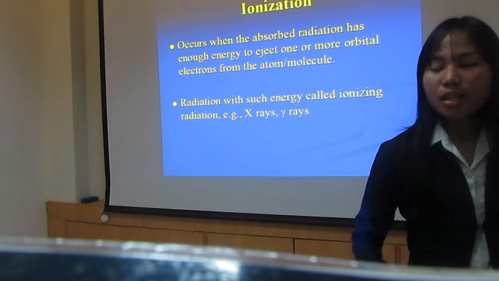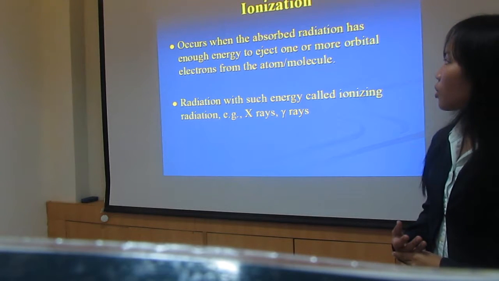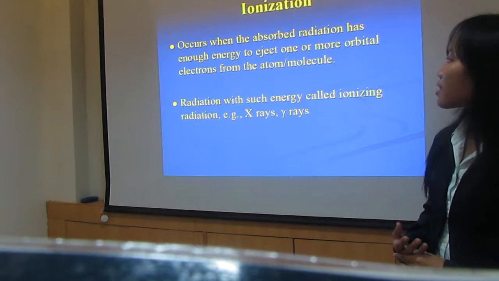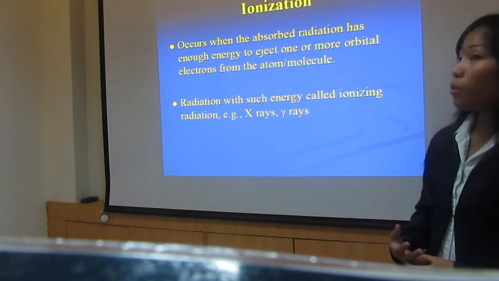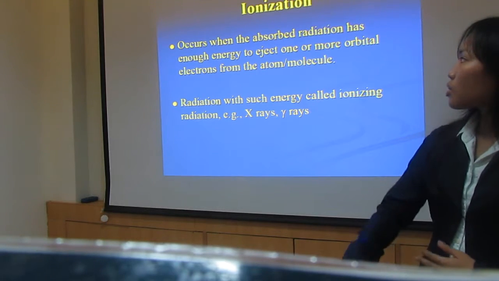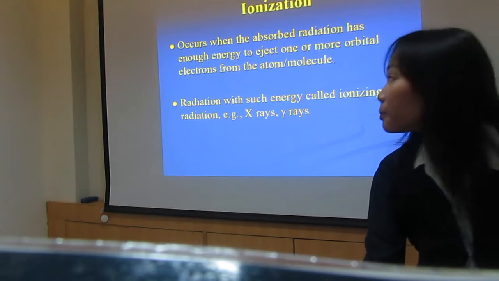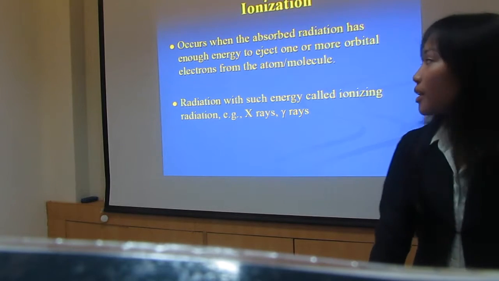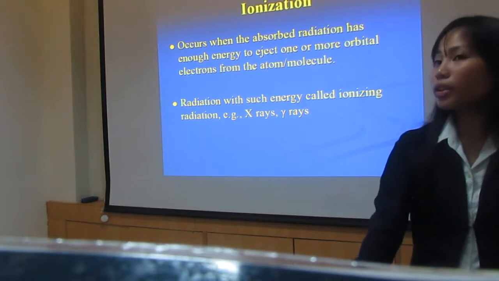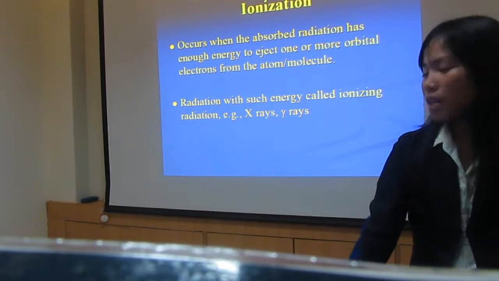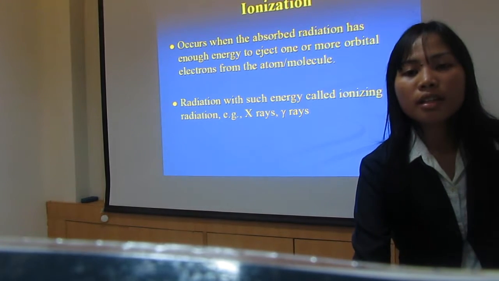Next is ionization. Ionization occurs when the absorbed radiation has enough energy to eject one or more orbital electrons from the atom or molecule. Examples of radiation with such energy, called ionizing radiation, are X-rays and gamma rays.